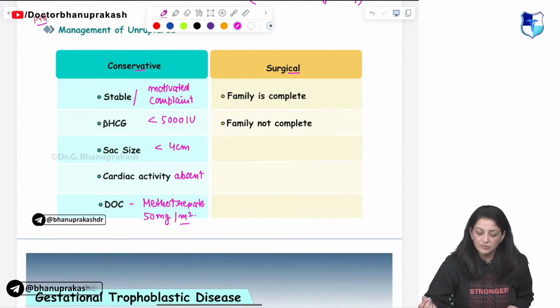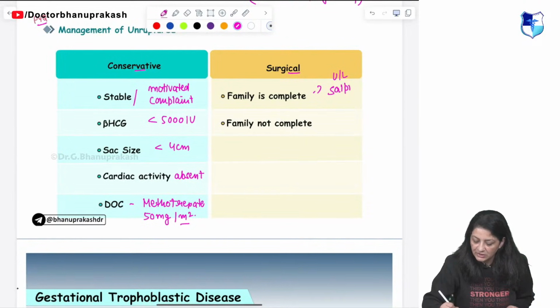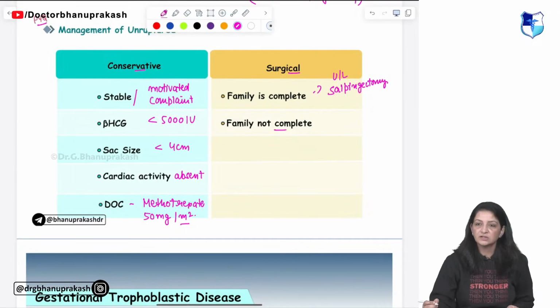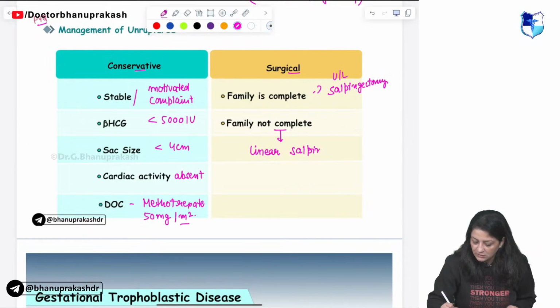So surgical management, if the family is complete, then unilateral salpingectomy. If the family is not complete, then we have to do linear salpingostomy.